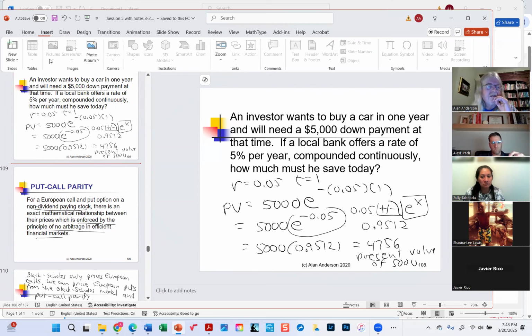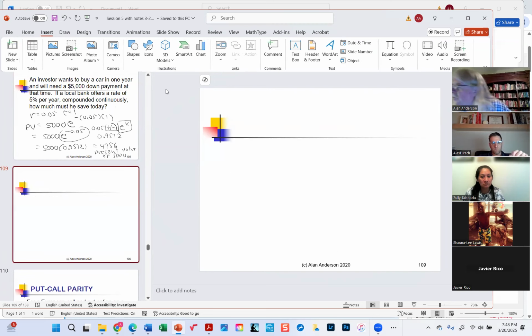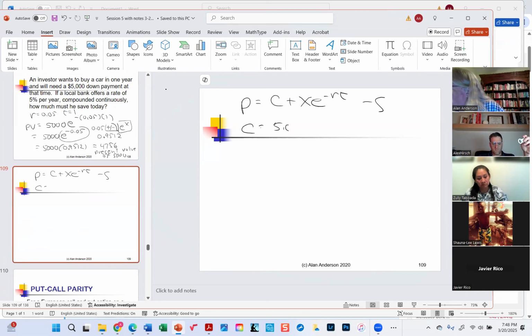So let's say we know the put-call parity condition is P equals C plus K e to the minus rT minus S. Suppose that C is $5. We've got some European call option with a premium of $5. The strike of these two options is 100.